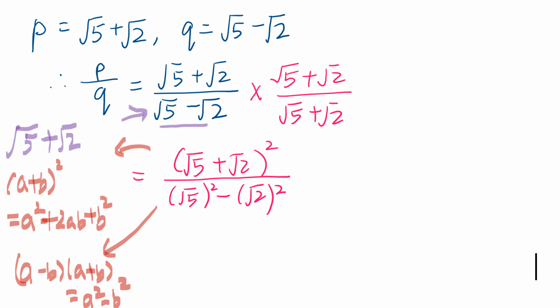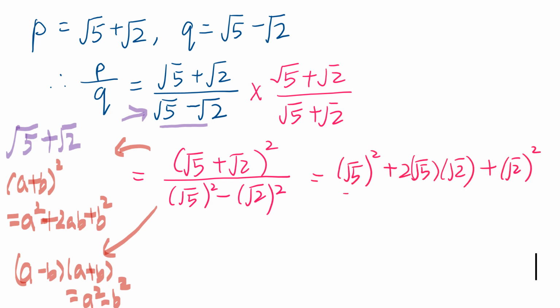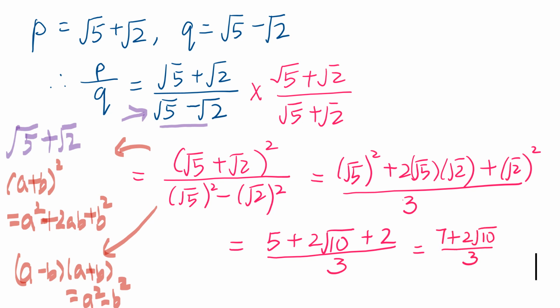The three algebraic identities are very, very important. You have to learn them well, because we use them so often here. All right, so this is what we get at the numerator and also at the denominator. Simplify further, and we will end up getting 7 plus 2 square root 10 over 3.